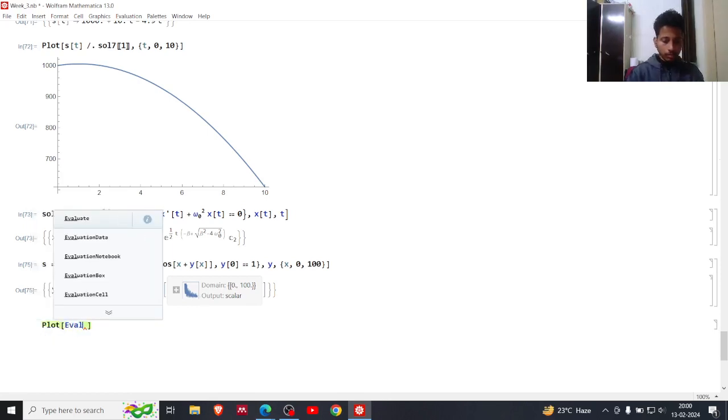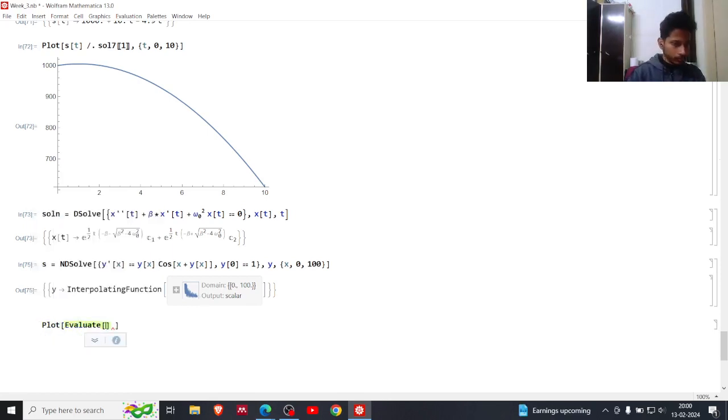Plot, evaluate y x. So evaluate will basically evaluate the value of y using this, and then it will plot for x from 0 to 30.